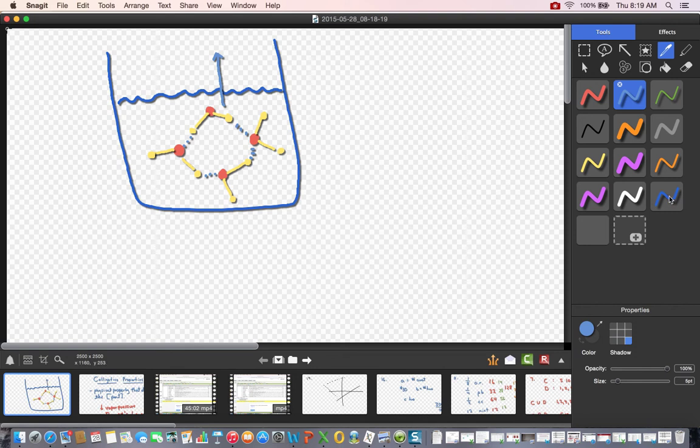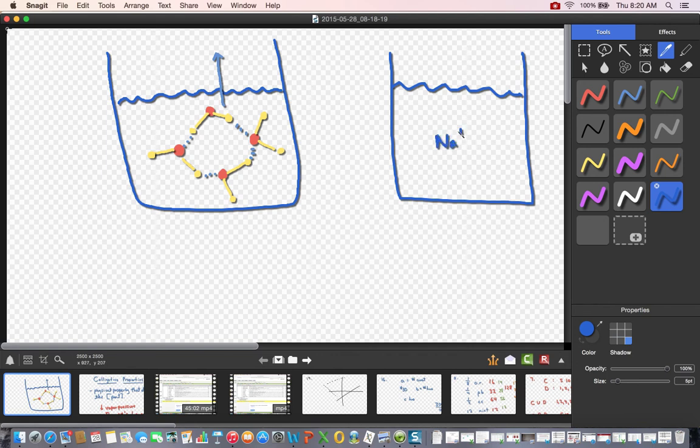Once I begin throwing in solute, not only do I have to break the IMF between the solvent molecules, I have to break them between solvent and solute. For example, Na plus will be surrounded by water molecules with respect to the oxygens, because the oxygens are partially negatively charged and the hydrogens are partially positively charged.